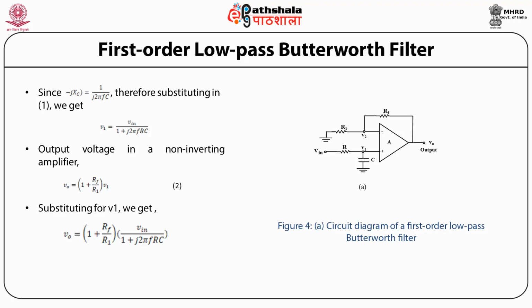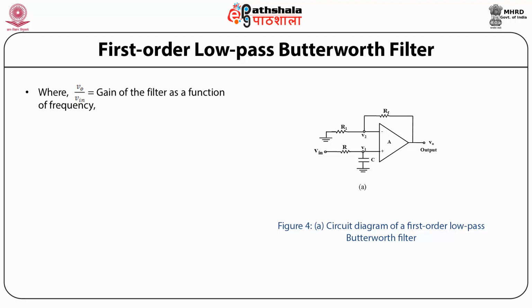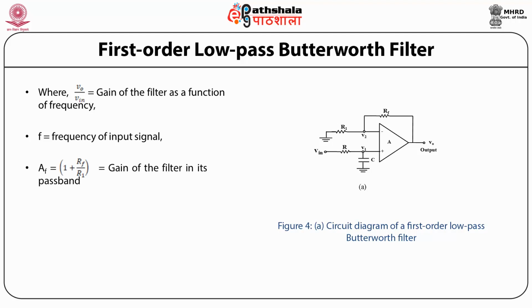So, the ratio of output to input voltage V0 divided by Vin is equal to AF divided by (1 plus j into f divided by fH), where V0 by Vin is the gain of the filter as a function of frequency. f is the frequency of the input signal. AF is equal to 1 plus RF by R1, the gain of the filter in its pass band. fH is equal to 1 by 2 pi RC, the high cutoff frequency of the filter.